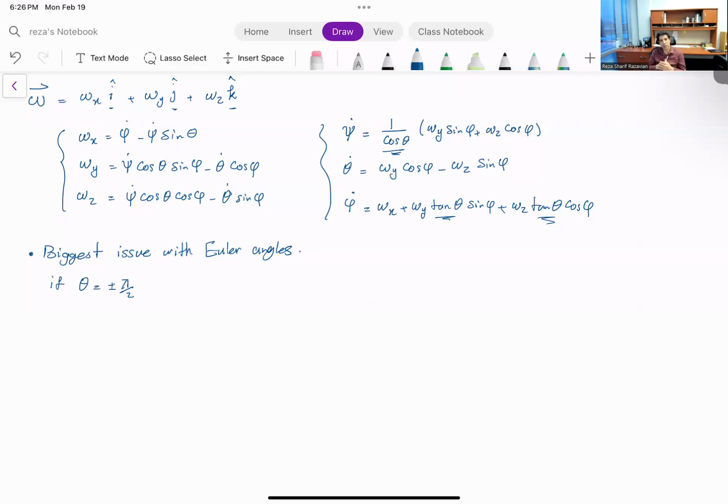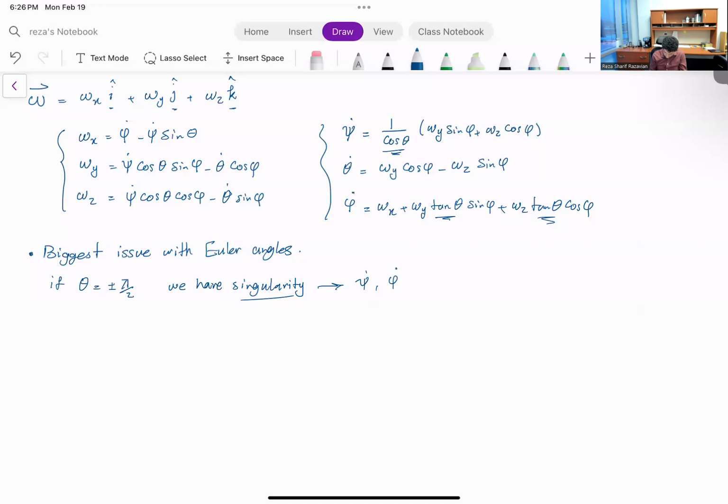To see what is happening here, one thing to note, let me write it down. In this example, if theta is 90 degrees, you have singularity.